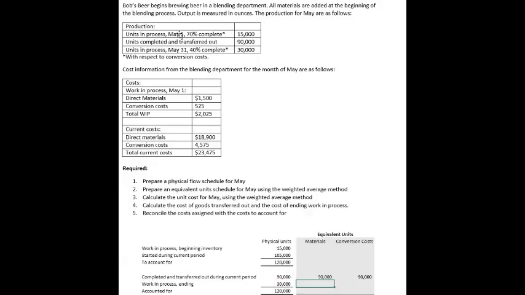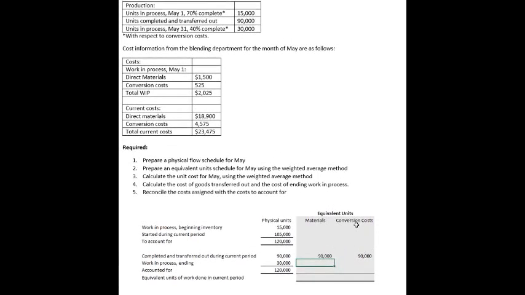We dump all the yeast in, and all the hops, and all the barley, and all the water, whatever else goes into making beer, and it all gets added at once. So even though they're only 40% complete relative to the conversion costs, which are the labor and the overhead, they're completely complete relative to the material costs. So I have that whole 30,000 work its way over. So the equivalent units for materials is 120,000, and I think that's very logical.